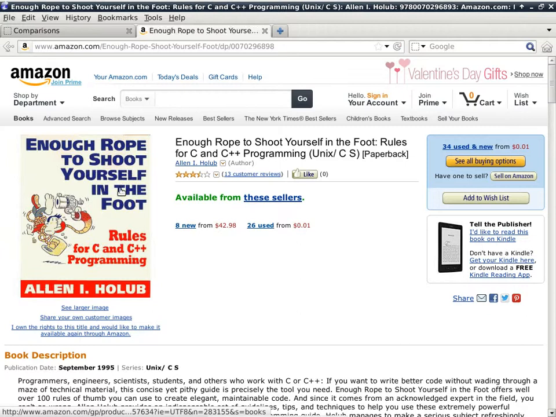Enough rope to shoot yourself in the foot. Rules for C and C++ programming. So when you move on to the next class, cisp300, this may be a reasonable addition to your textbook. It will be helpful to you as long as you program in any language derived from C and C++.